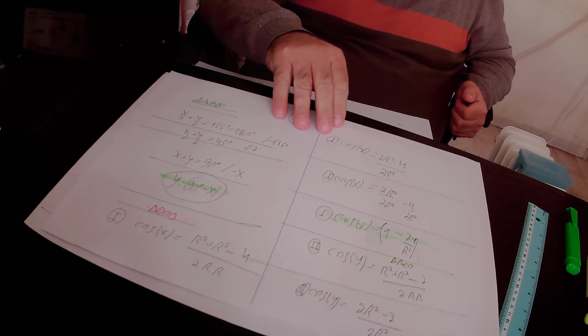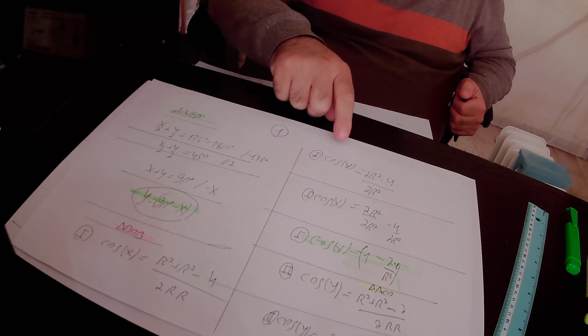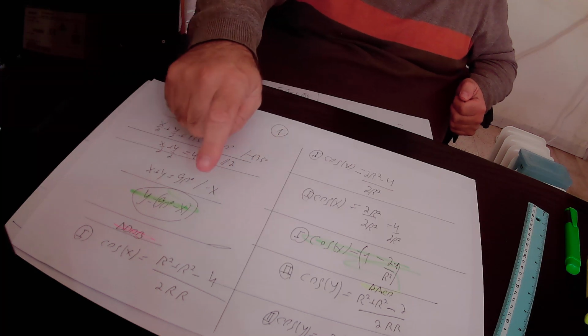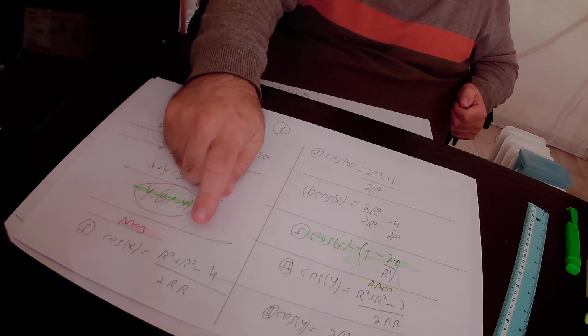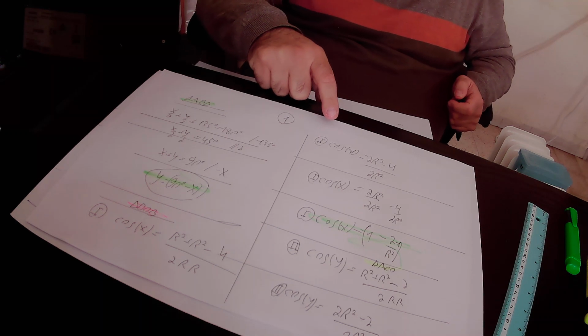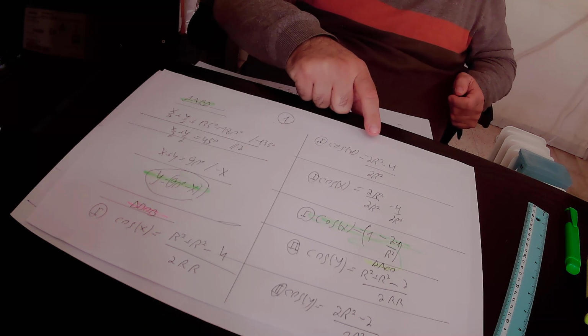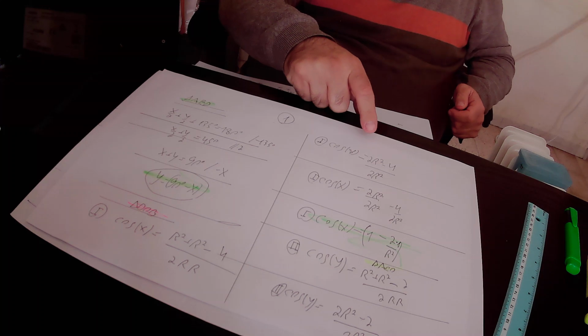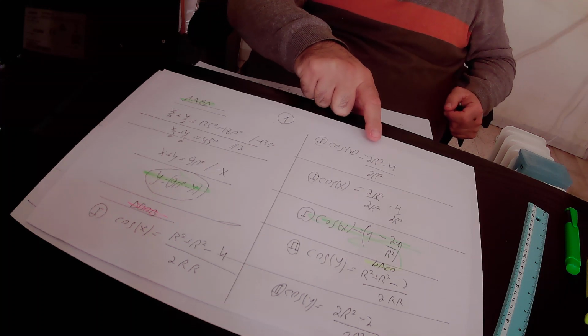So r squared plus r squared is 2r squared, so cosine x equals 2r squared minus 4 over 2r squared. So in conclusion, we found out that according to equation number 1, cosine x equals 2r squared minus 4 over 2r squared. Then we split this side of the equation into two parts.